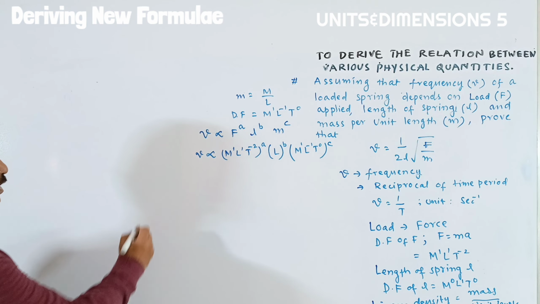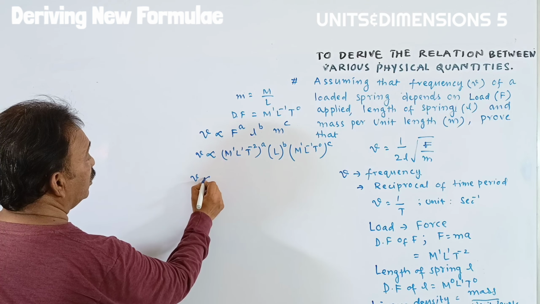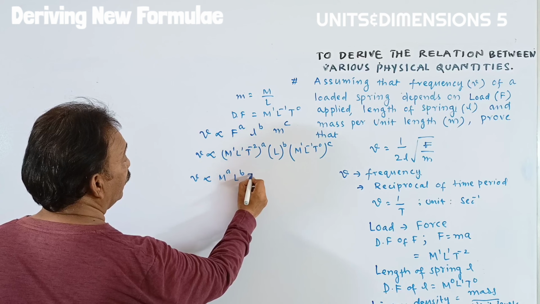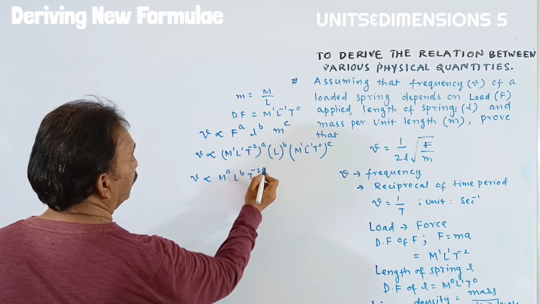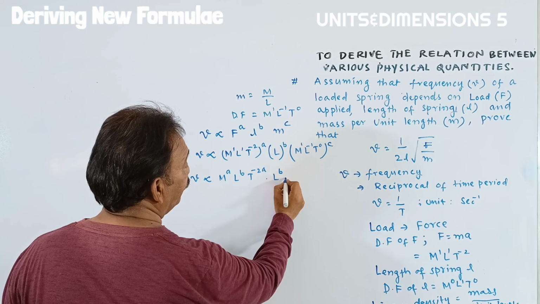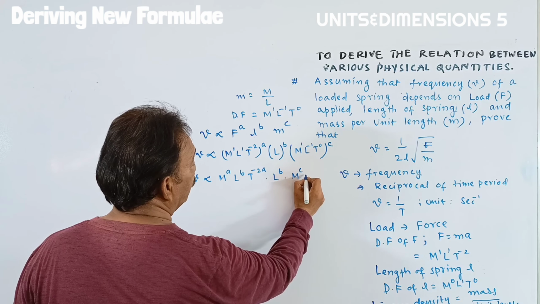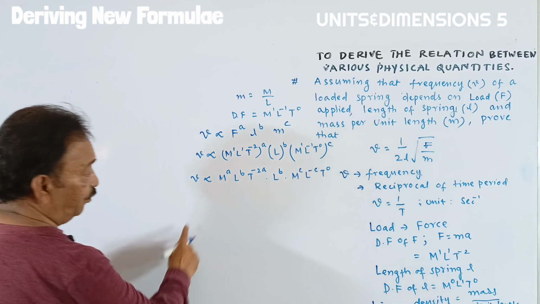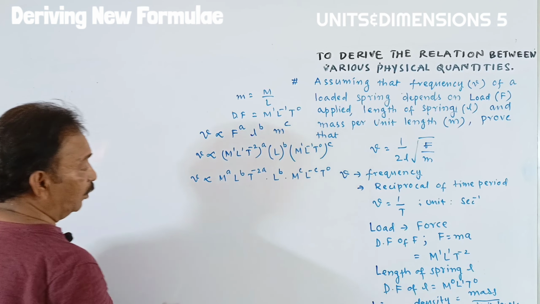Okay, students, then it can be written as nu is proportional to M to the power of a, L to the power of a, T to the power of minus 2a, multiplied with length to the power of b, and M to the power of c, L to the power of minus c, and T to the power of 0. When the bases are same, we have to add the powers.